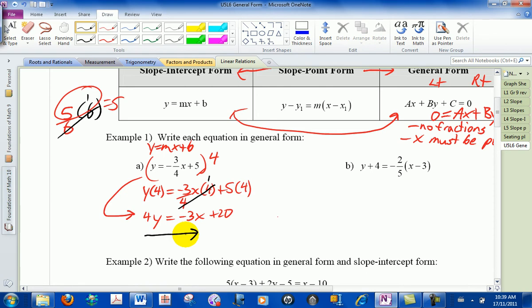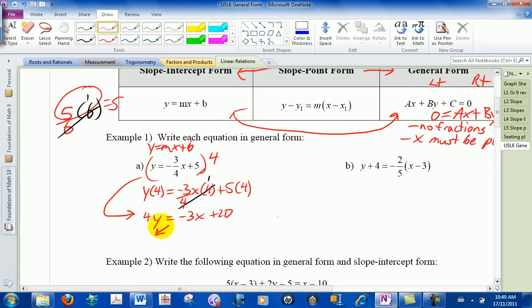Well, you'd have a negative 3x. So somebody might say, well, that's not right, so I'm going to move everything over to that direction. And then this minus 3x would become a plus 3x. I'm going to show you both methods. Okay? So I'm going to show you, first of all, solving everything to the right side.